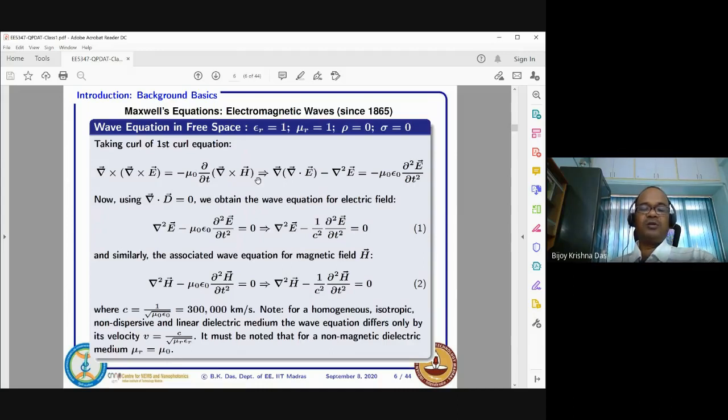Now the left hand side is a cross product of three vectors, A cross B cross C, right? You know this vector identity, and if you apply it, you get divergence of E, the gradient, and then minus grad square E. On the right hand side, curl of H is from the fourth curl equation of Maxwell's equations.